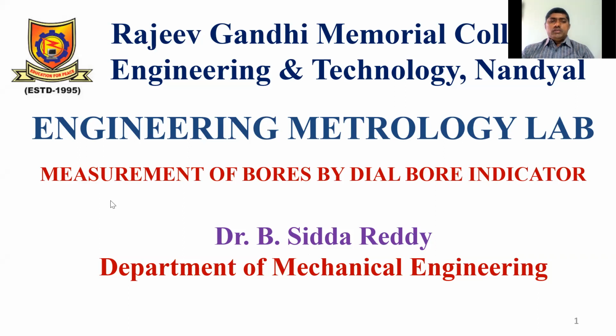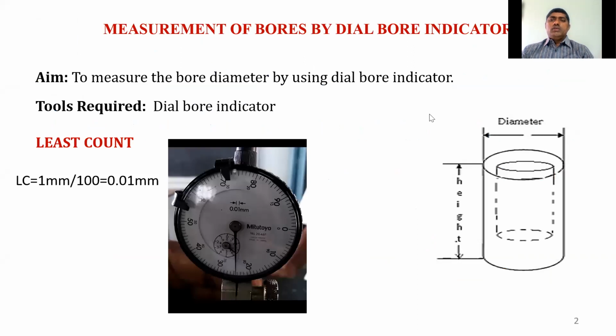So in this video, I am going to explain how to measure the bore diameter by dial bore indicator. So the aim of the experiment is to measure the bore diameter by using the dial bore indicator.